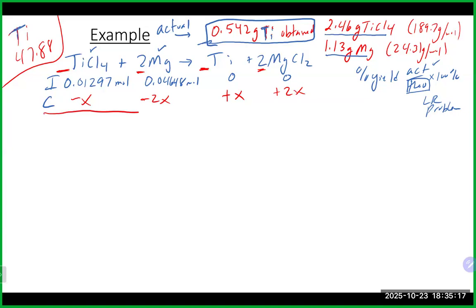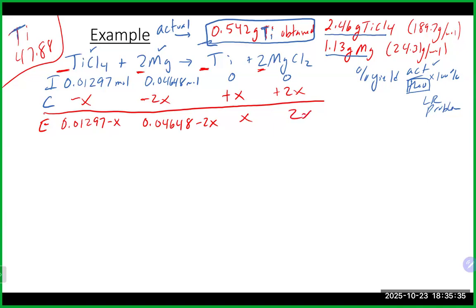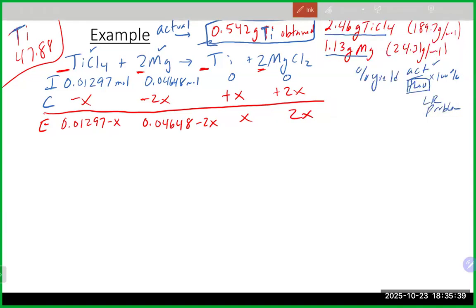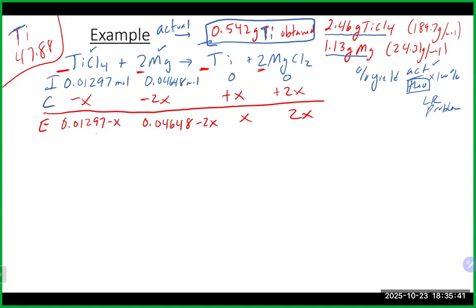Any questions on that part of it there? So again, we're just going to bring everybody down. I am once again going to get rid of the moles so it doesn't get so crowded there. 0.01297 minus x, 0.04648 minus 2x, x, and 2x. Remember, at this point, we've got to find our limiting reagent. So now we can do a pretty straightforward, simple problem.